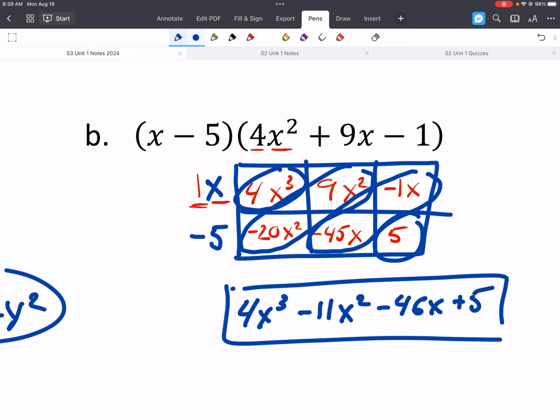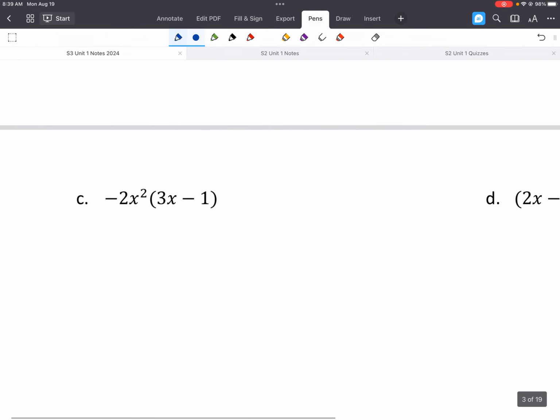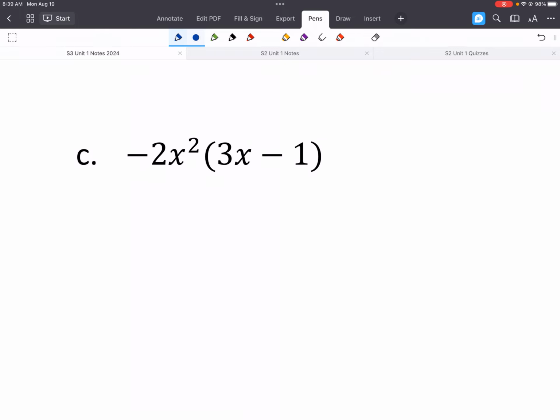I think the box is very helpful, especially when you get things as big as this. I think it helps keep it a little more organized. All right, last two like this. If we wanted to use a box, you could here. I feel like it probably would take extra time.